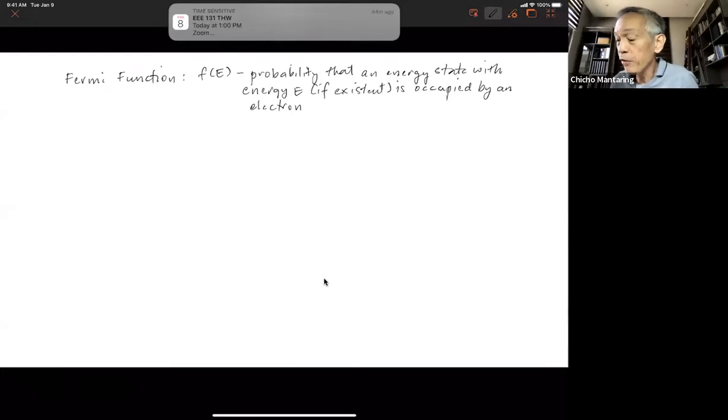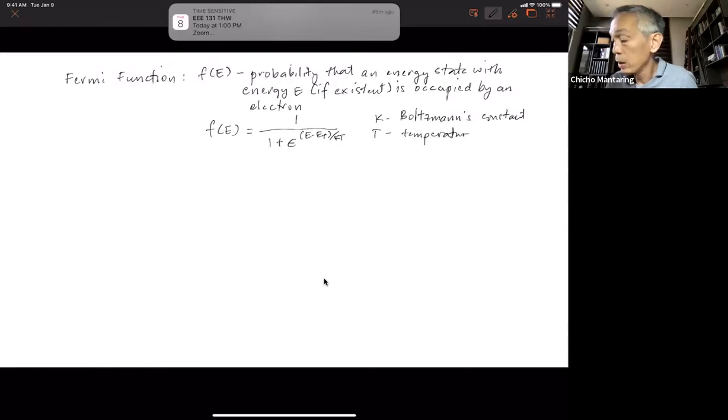Actually, there's a formula for the Fermi function. At this point, you don't have to remember it, but if you take a look at books, the Fermi function is something like this: 1 over 1 plus e to the power (E minus EF) all over kT, where k is Boltzmann's constant and T is your temperature in degrees Kelvin.